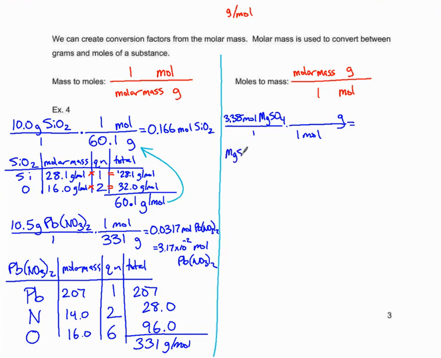So setting up my table, MgSO4, molar mass, quantity, total. First column, we have magnesium, sulfur, and oxygen. Molar mass of magnesium rounds to 24.3, sulfur 32.1, oxygen 16.0.